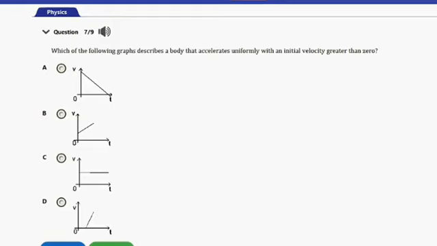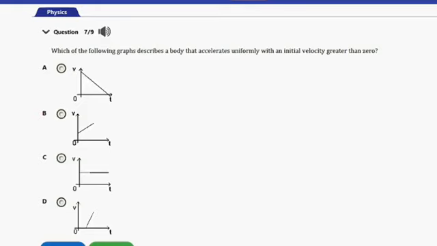So you see that the only graph that illustrates this is the graph in B. You see the graph starting from a point on the y-axis greater than 0, and then an increase in velocity leads to an increase in time as well. So option B is the answer to this question.